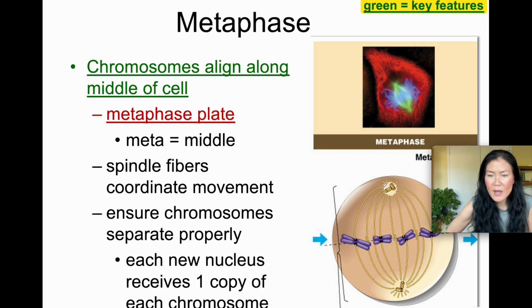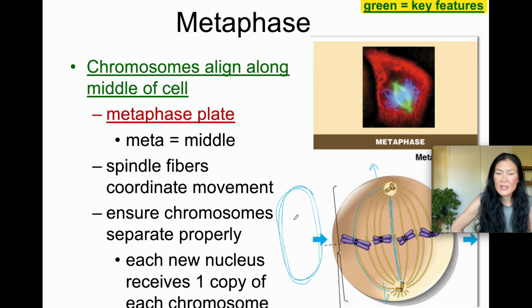Now you have the spindle fibers attached to each sister chromatid, and some of these non-chromosomal microtubules actually grow longer and stretch the cell in this direction and that direction. They basically cause the cell to elongate. It's going to become a really long egg-shaped cell so that it's eventually going to split right down the middle.